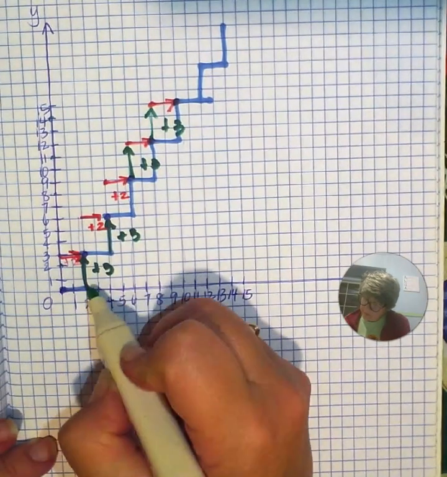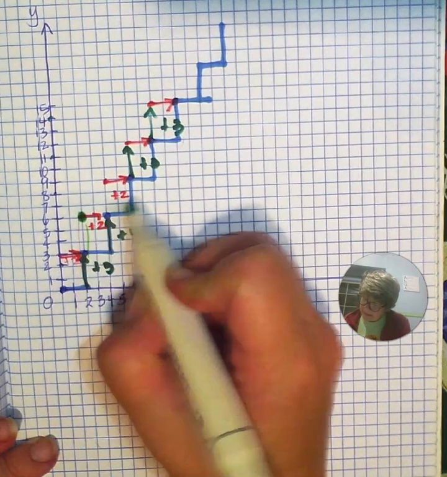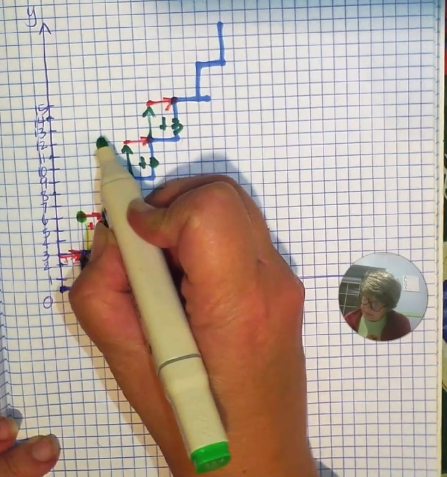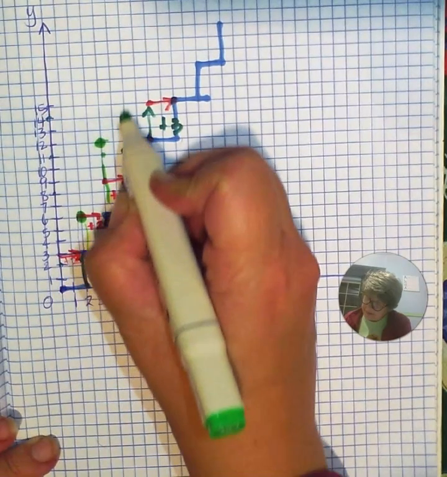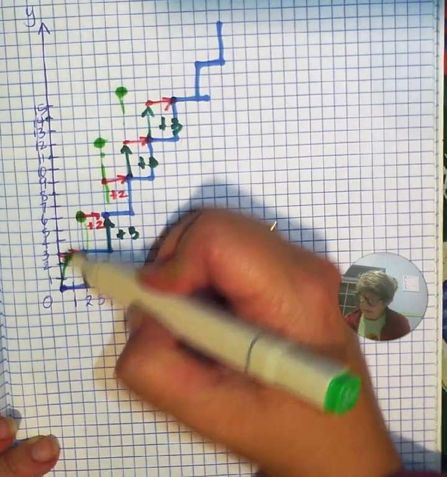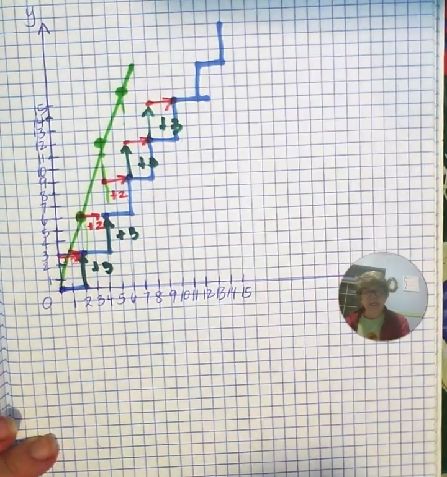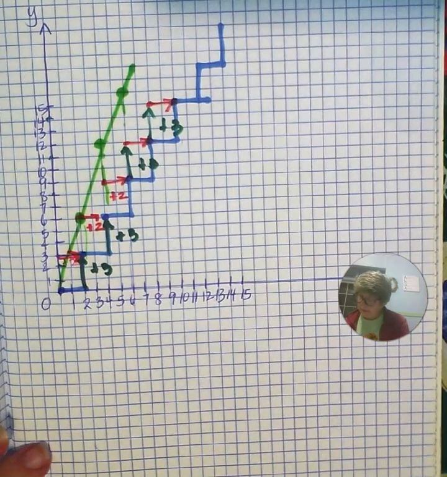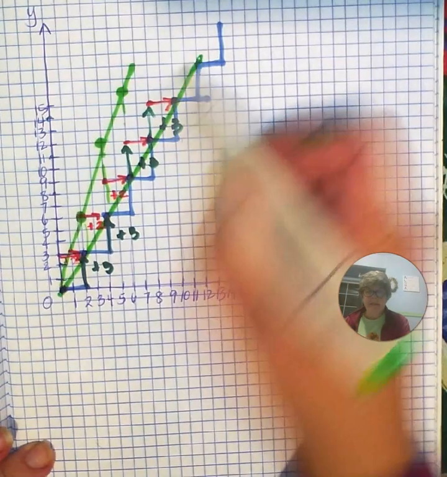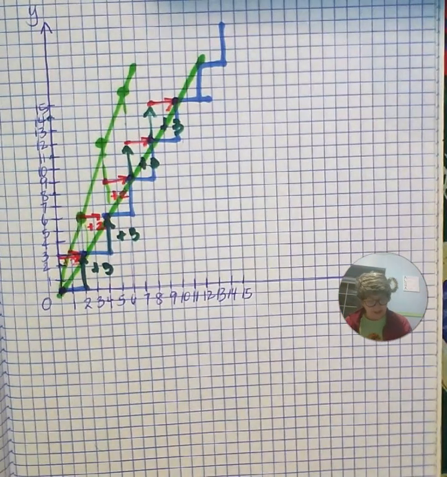Add 2, go up by 6. Add 2, go up by 6. Add 2, go up by 6. What do you notice? It's a steeper line, isn't it? Our original line is here. So it's steeper. The slope would change.